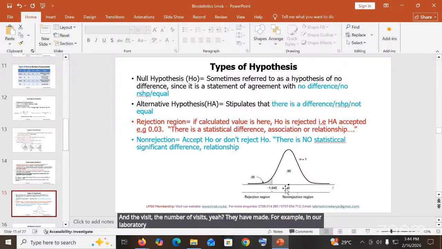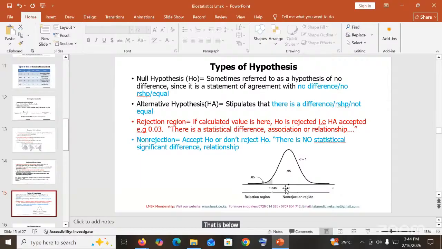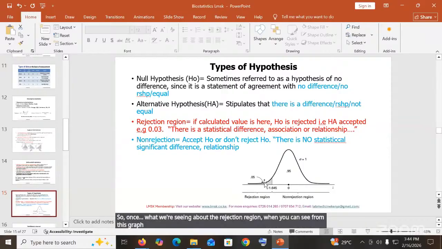So you come and calculate using your software, which we'll share in a short while, and you find that your p-value is 0.02. That is below 0.05, which is the rejection region. As you can see from this graph, anything below 0.05 as a p-value falls on the rejection region.